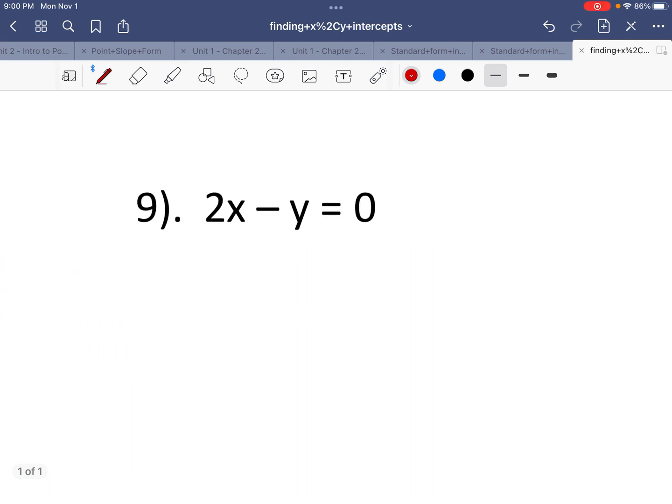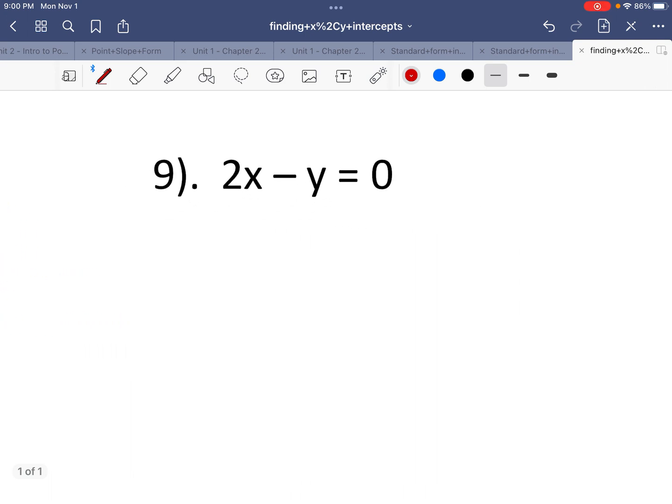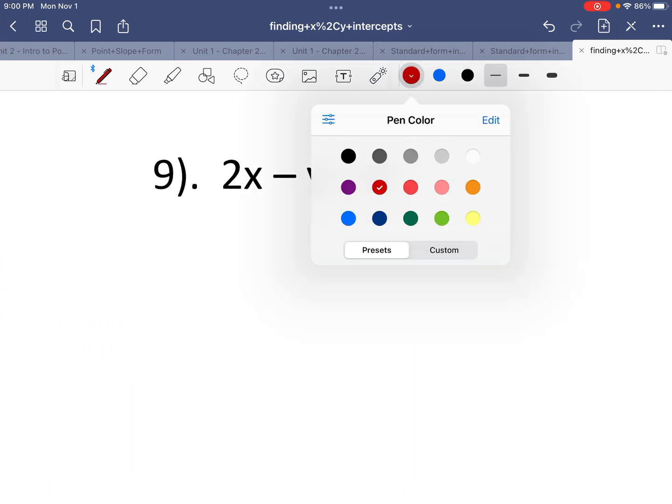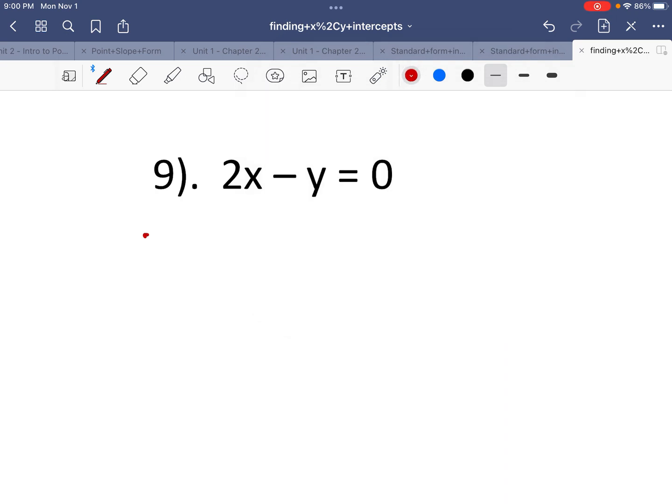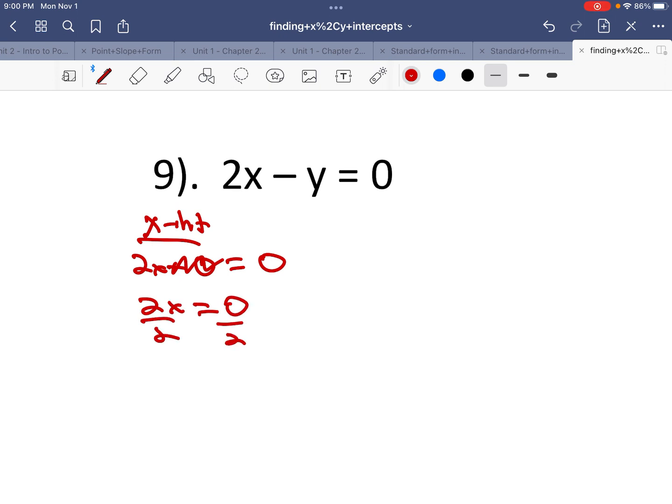Last one, number 9. Notice we got a little 0 over here. No big deal. It's not going to affect us. So x-intercept. 2x minus 0 for y equals 0. I'll erase that. So I get 2x equals 0, divided by 2. X equals 0 divided by 2, which is 0. So I write that as the coordinate 0, 0.